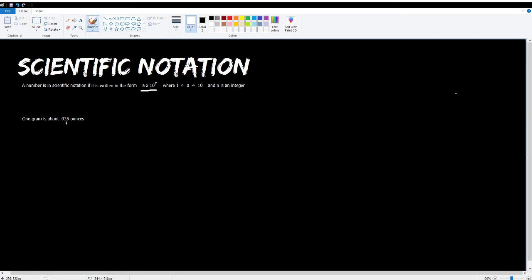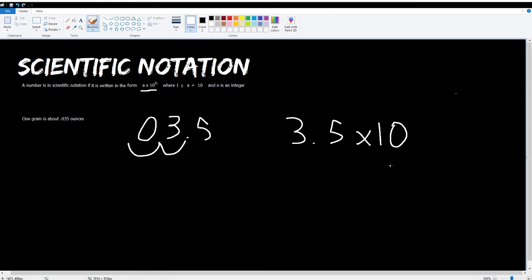Once again, we look at the numbers. We see only 3 and 5, so our decimal is going to be 3.5, right? And we want to make it look like 0.035. So we have to move the decimal how many times? 1, 2 to the left. So it's going to be a negative, right? So it's going to be 3.5 times, remember it's always 10, to the negative 2, because I moved 2 times to the left.